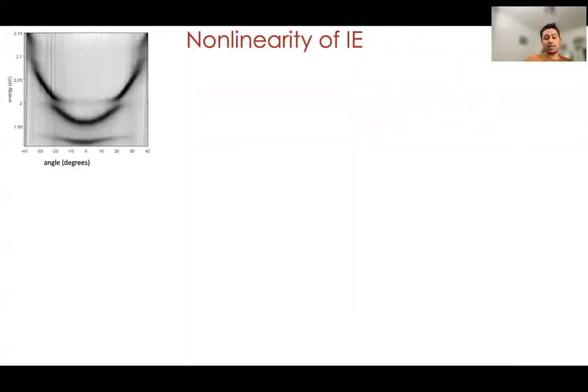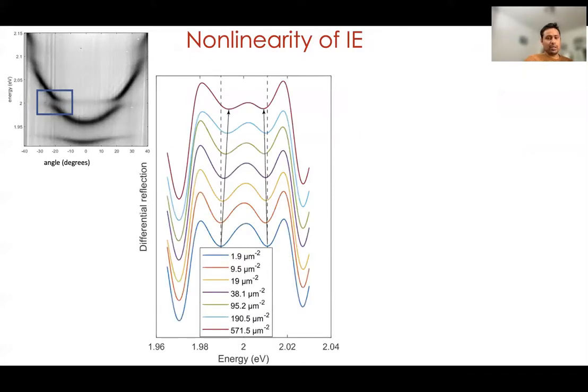Now, from now onwards, we are going to focus on a particular branch of polaritons, which come from the interlayer excitons. We look at the differential reflection and increase the power of the system. Increasing pump power excites more and more excitons, and we see what happens to the differential reflection.